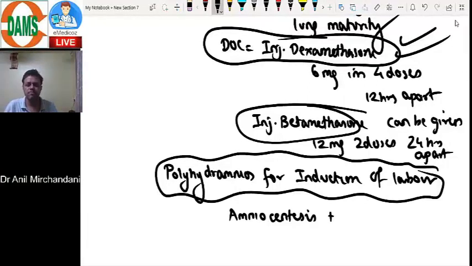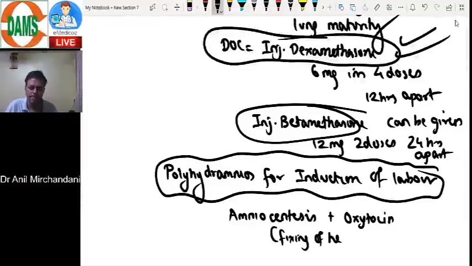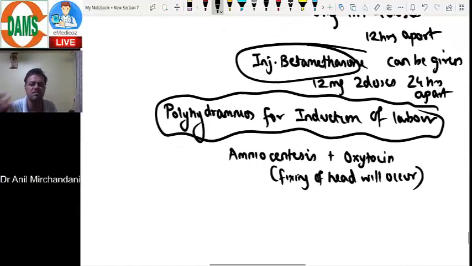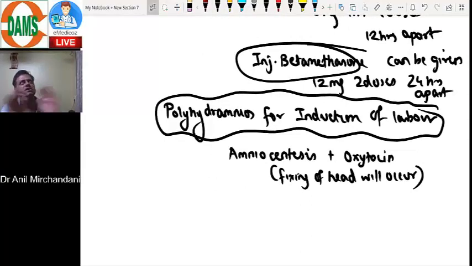Then what you are supposed to give is oxytocin to cause uterine contractions. Amniocentesis, then oxytocin to cause uterine contraction. This will fix the head. The head will get fixed into the pelvis, and thank God, once the head gets fixed, we will get relieved.